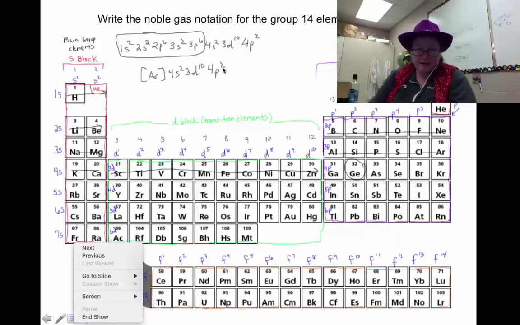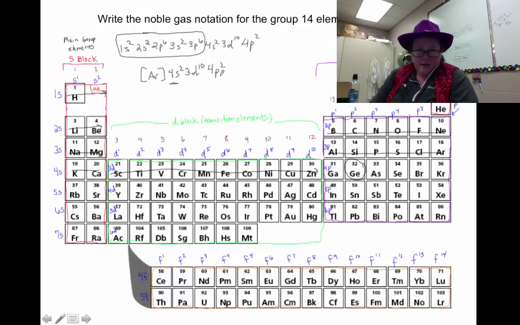And if you look at this configuration, you can ask yourself, how many valence electrons are there? To do that, you look at the uppermost energy level, which is the fourth. In the fourth energy level, we have 2 electrons here, plus another 2. So we have a total of 4 valence electrons.